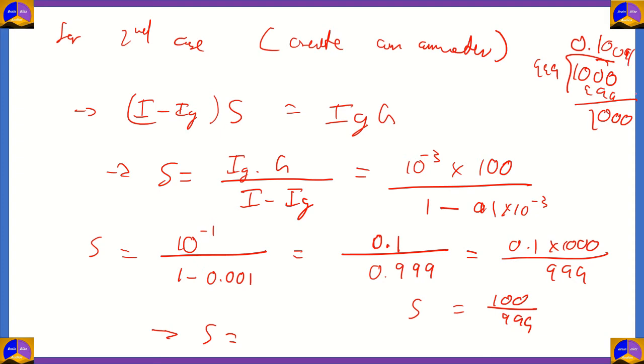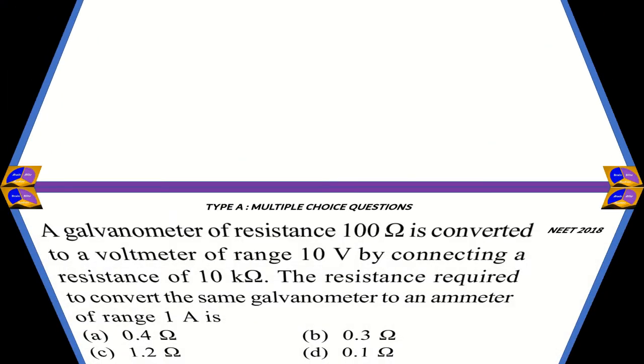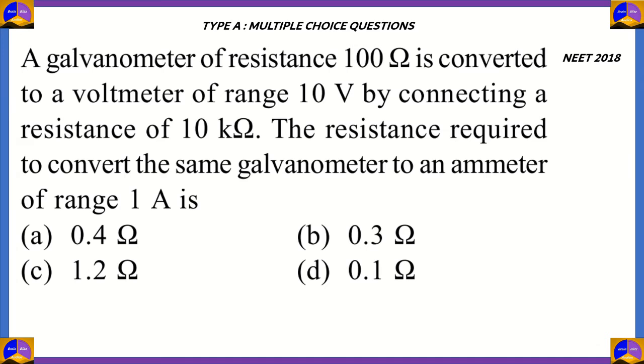So 0.1001001 would be the correct answer, and so we can approximate it to 0.1 ohms. So the value of the shunt resistance is less, and the value of that resistance is given to be 0.1 ohms. So among the following options, you can say that option D, 0.1 ohms, is the correct answer for this question, which was asked again in 2018.